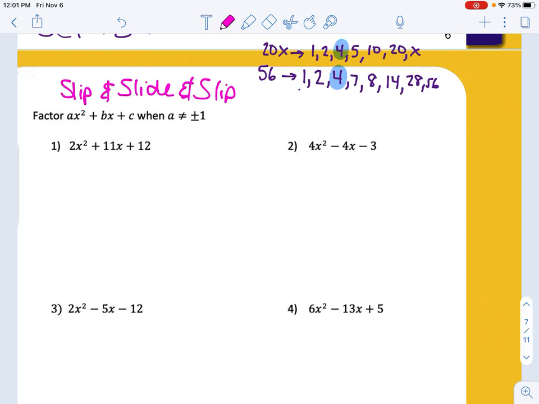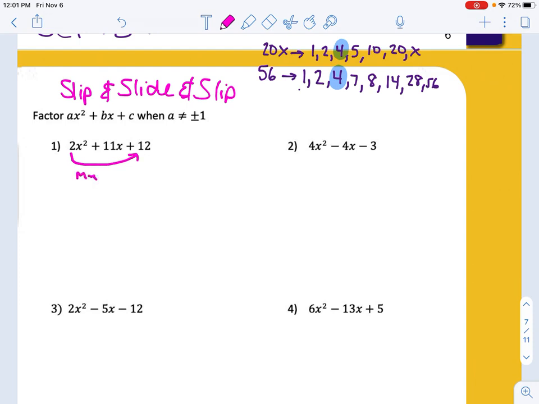So instead of just doing a bunch of guessing and checking, we make the problem simpler to solve and then finish it out. So let's take a look at one. You'll notice our a value here is not equal to 1, so we need to do this slip and slide and slip method. So the first thing we have to do is we need to slip this 2 back.